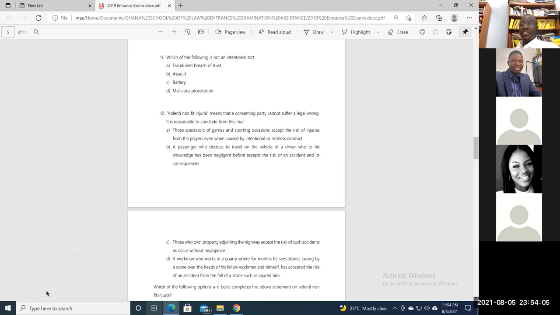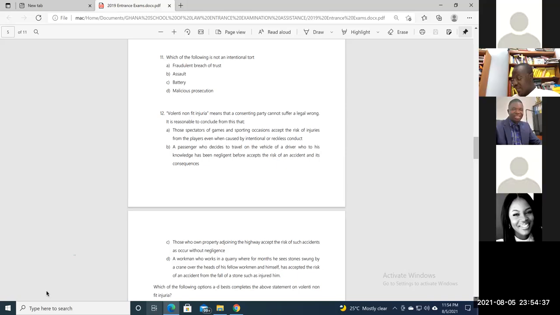Nevertheless, since it's an examination, it's not for us to determine whether the question is 100% accurately correct or not. So we go in for the most suitable answer. And that is why we use that to settle on fraudulent breach of trust.